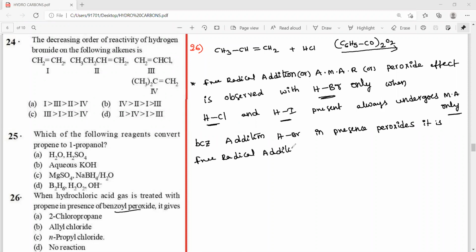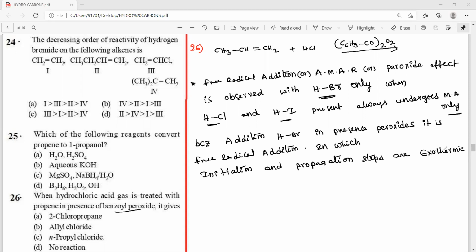It is free radical addition in which there are initiation step and propagation, because free radical reactions take place in 3 steps. One is initiation, initiated by peroxides, then propagation and termination. Propagation steps are exothermic.